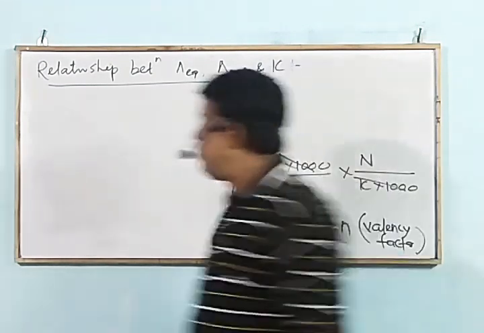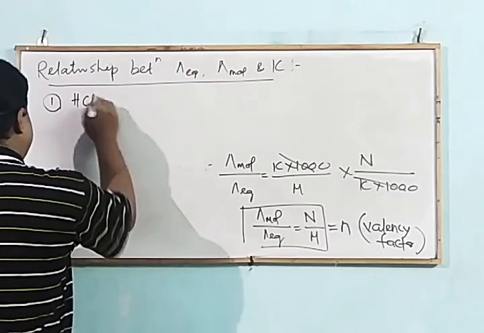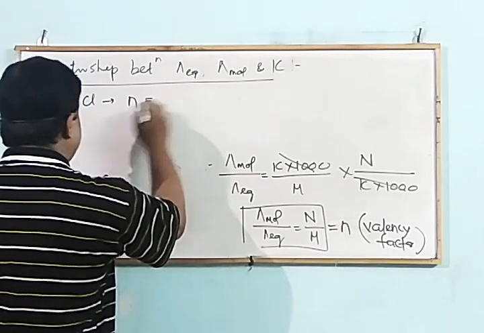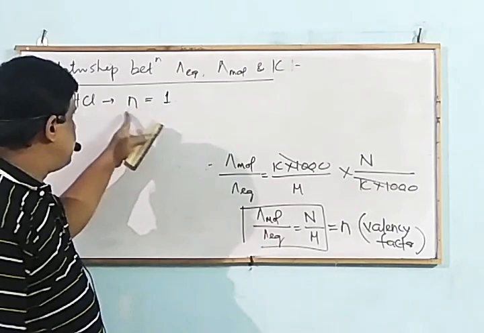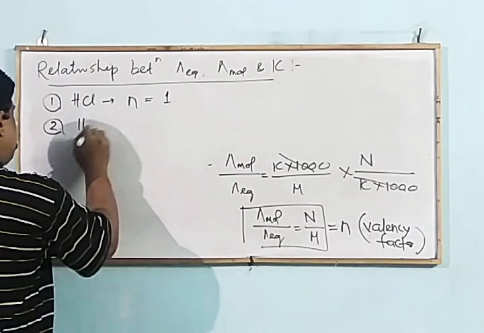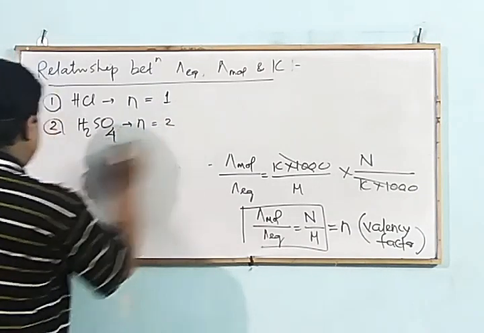For example, if we discuss HCl, then its valency factor n is equal to 1. It is an acid, so its basicity is 1. For H2SO4, it is an acid, so basicity is 2.